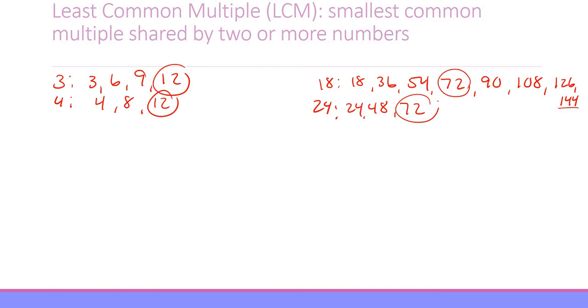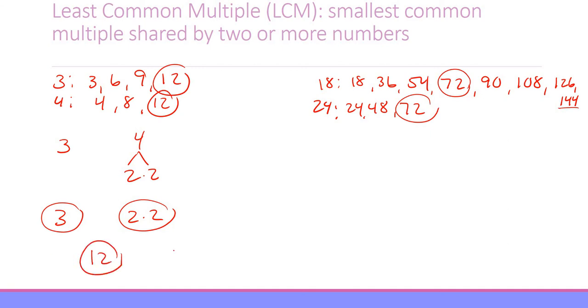But there we go. Now, as with greatest common factors, there is a way to do this using our prime factors. We already said that the prime factor of 3 is just 3, and the prime factors of 4 are 2 times 2. To get the least common multiple, we have to have all of the factors of both of those pieces.